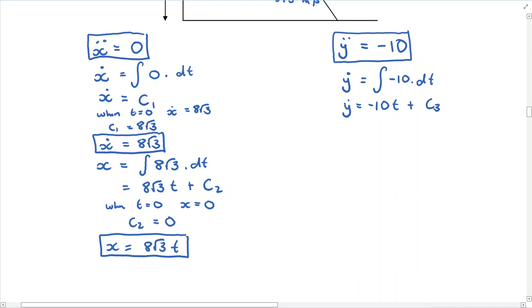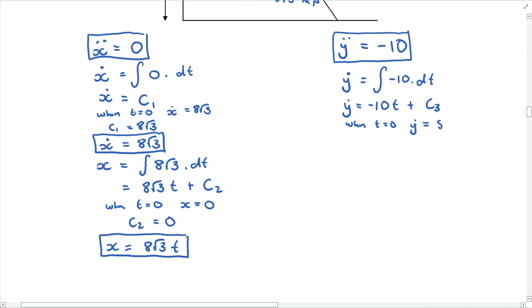Plus c, we're using c3. It's divided by 1 because the powers are 1. Yes, you divide by the new power. Okay, to find that constant, I need to sub some things in. Let's look initially, when time equals 0, what is my initial velocity in the y direction? Look back to the diagram at the top.